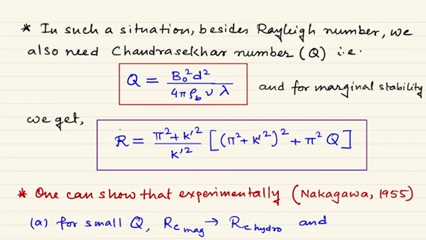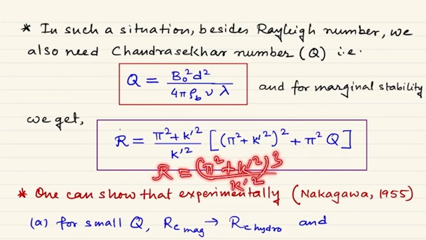If you remember, all these things are related by this equation, where R is equal to (pi square plus k prime square) times (pi square plus k prime square) whole square, plus pi square times Q, all over k prime square. Now if Q is equal to 0, we simply have R is equal to (pi square plus k prime square) whole cube by k prime square.